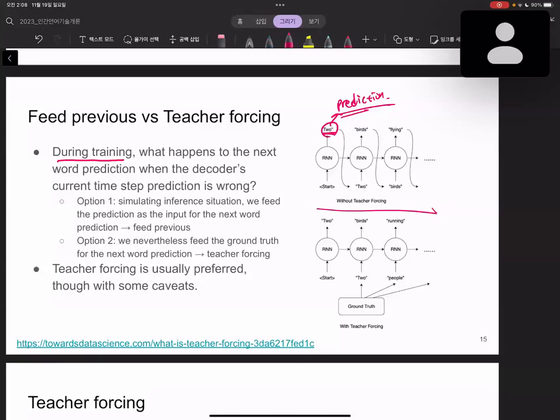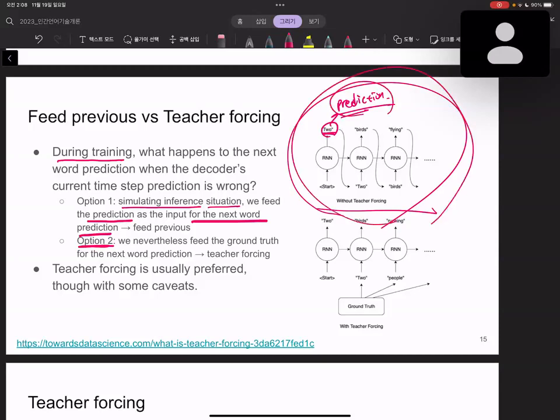Okay, so there are two options. The first option is simulating the inference situation. We feed the prediction as the input for the next word prediction. This is feed previous. And there is another option. We want to make sure the input of each time step is correct.